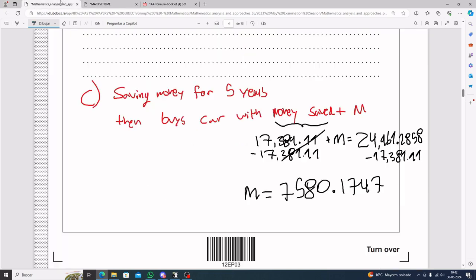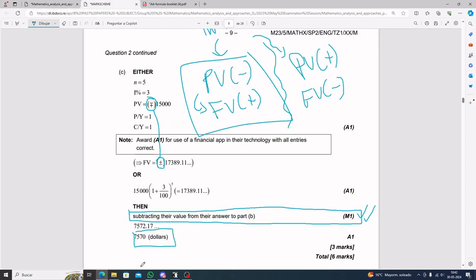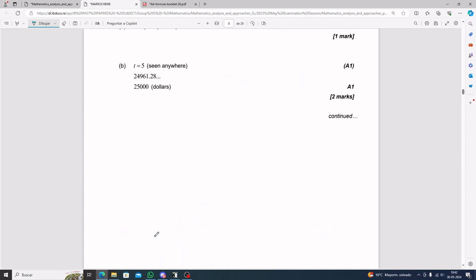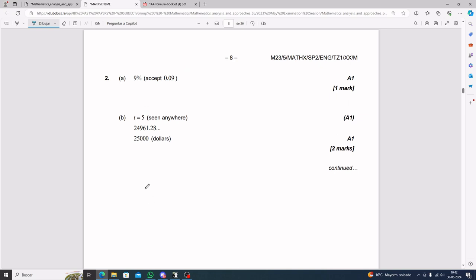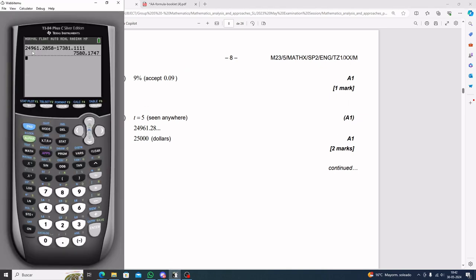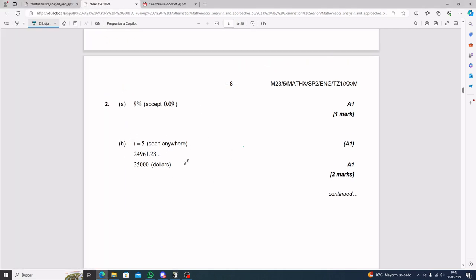All right, and here, as you can see, it's a little bit off from the final answer over here. And so it probably has to do with something with decimals, right? And so for example here, just because I know there's someone in the comment section that's going to ask me this, see? So notice that for part B, you can leave your answer in two different ways. You can either leave it like the entire number, which is what we did, or you can leave it in significant figures, see?